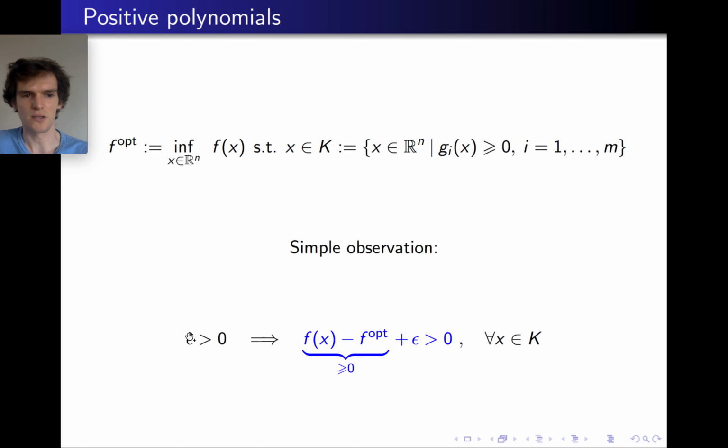If you take any epsilon positive, then this polynomial, f minus its infimum plus a tiny epsilon, should be positive for all x in K. Right? This is just a tautology, basically, trivial. It is non-negative by definition, and so if you add a little bit, it's going to be positive. And so you can see how positive polynomials enter the picture.